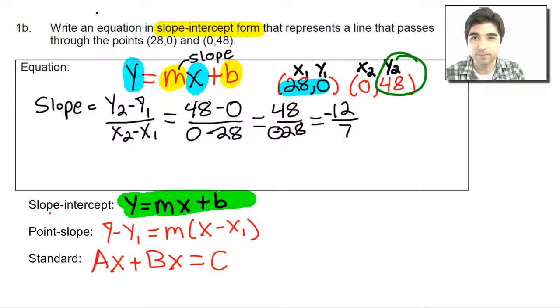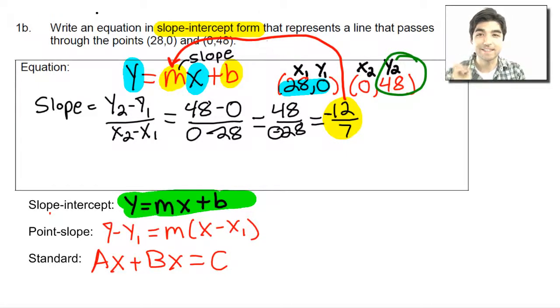So we got our slope now. This slope is going to go for this m. So we got one piece. Now we need the other piece, which is this b right here.